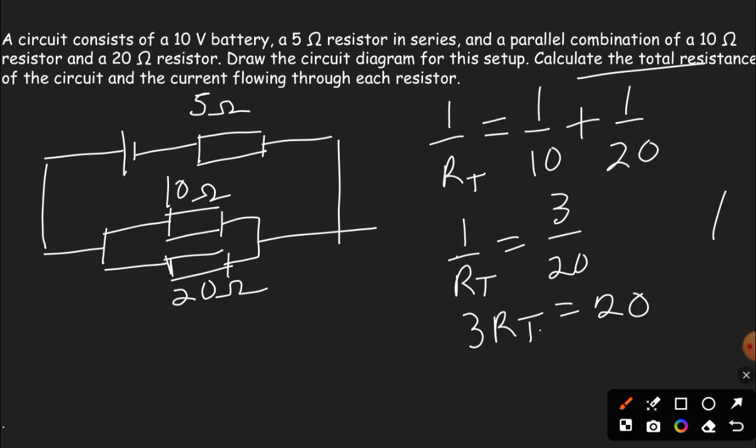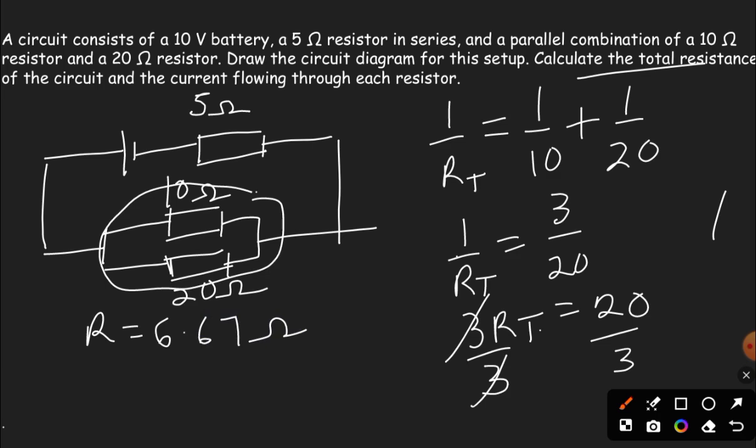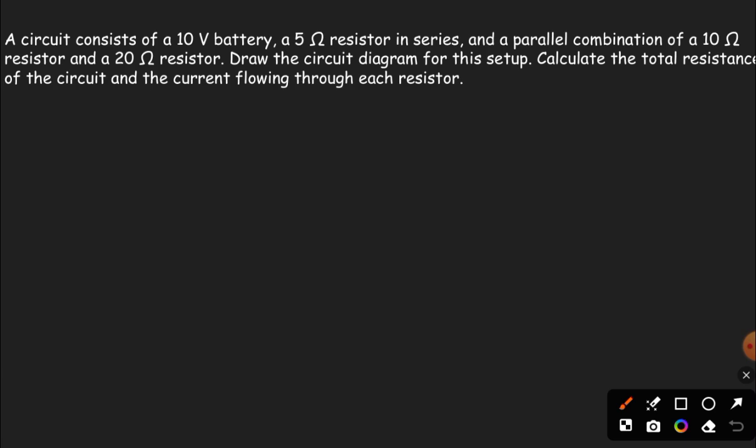Divide both sides by 3. 20 divided by 3. Total resistance for the parallel is 6.67 ohms. Because we have another resistor connected in series, we are going to add 5 to it. So we get 11.67 ohms. So that's our total resistance.